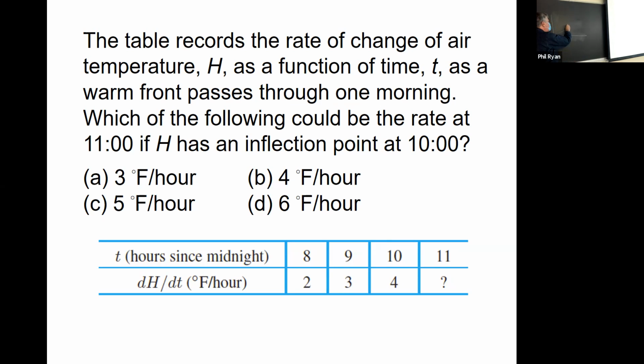For this to be an inflection point, what has to happen afterwards? It has to sort of go down. So which one of these fits with the rate going down? A, because it goes 2, 3, 4, it's increasing, it's speeding up, but then if it goes to 3, it's slowing down. So the concavity has changed.